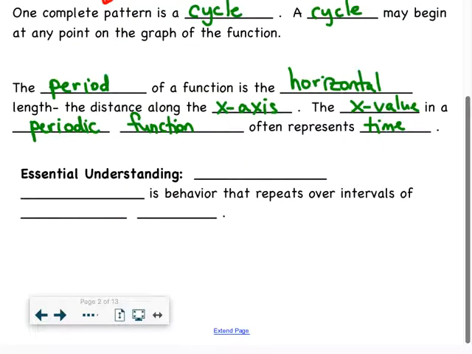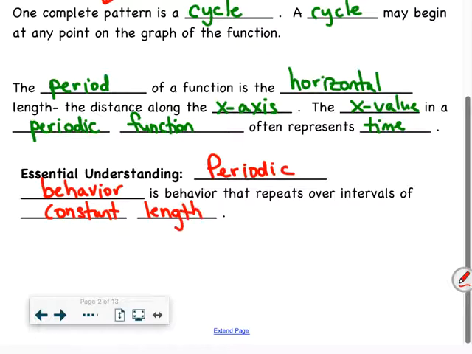The essential understanding is periodic behavior is behavior that repeats over intervals of constant length. And again, we'll look at some examples to help us with this. So periodic functions are functions that repeat a pattern of y values at regular intervals.